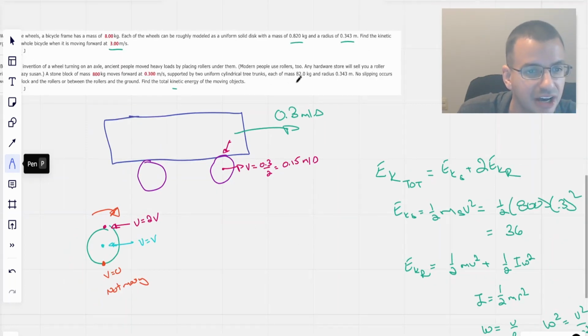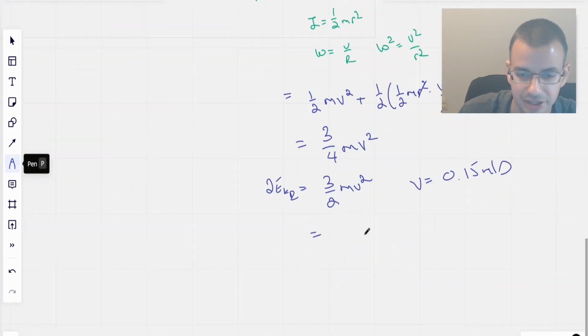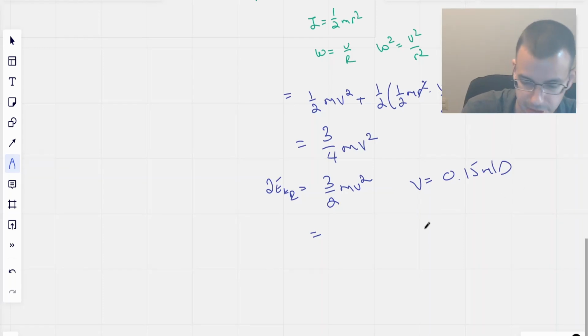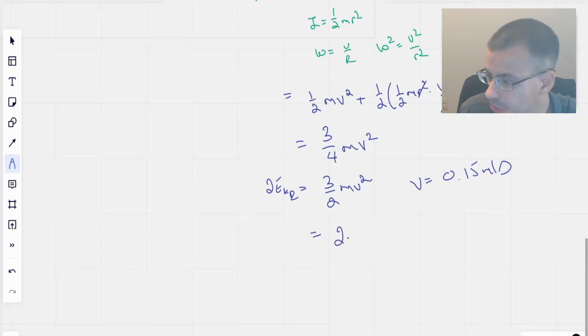Each has a mass of 82 kilograms. 1.5 times 82 times 0.15 squared gives 2.7675.